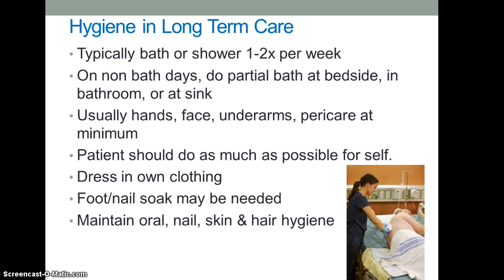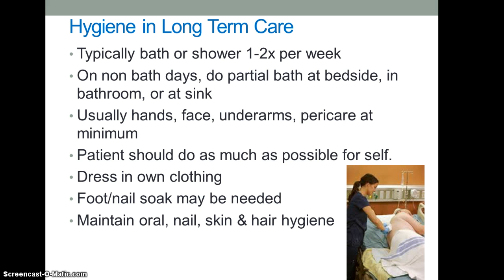Hygiene, along with asepsis in long-term care facilities, hospitals, wherever you're working, is actually, we will be covering bathing. And in long-term care, essentially, a bath or shower 1 to 2 times a week, and if they need it more often, then more often, but basically that's what they do. On non-bath days, you do partial baths at the bedside, sink. You really want the folks to do as much as they can by themselves.